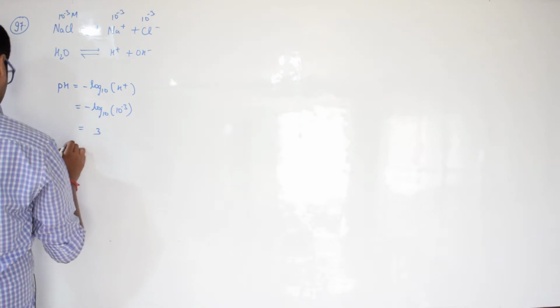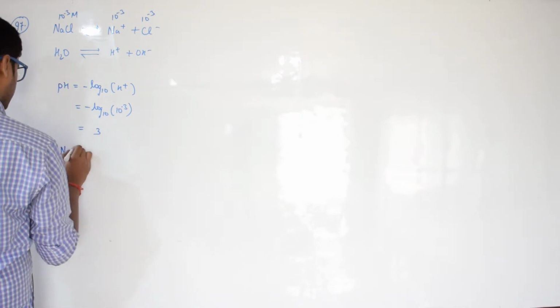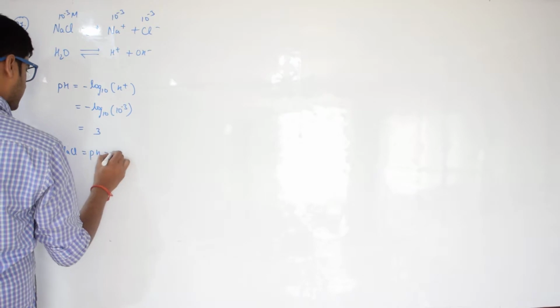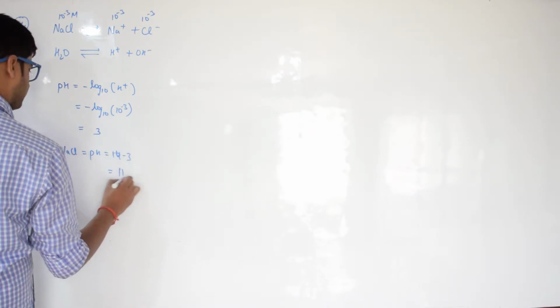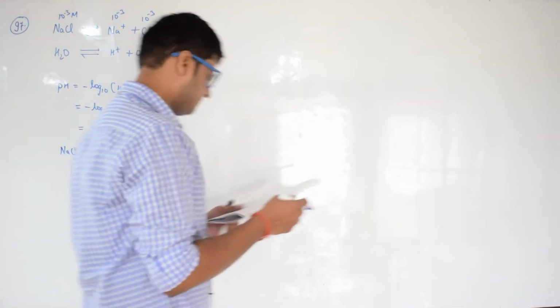And provided we have a NaCl solution, then the pH would be equal to 14 minus 3, or it would be equal to 11.